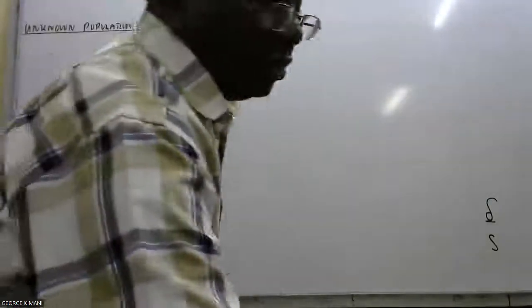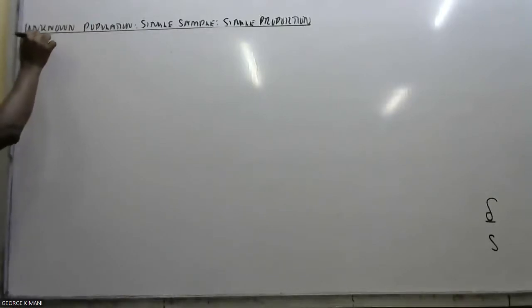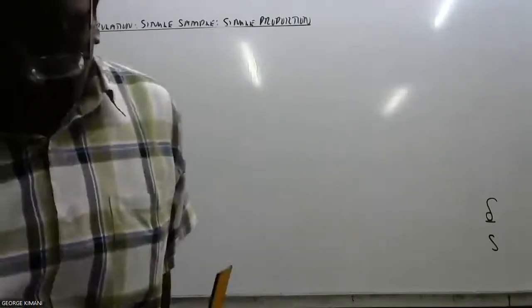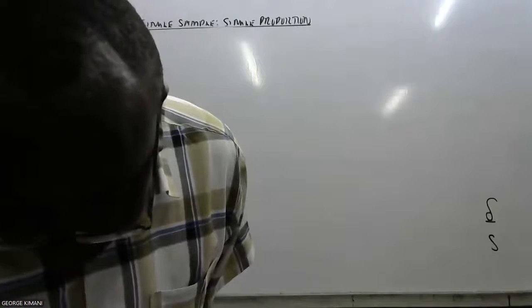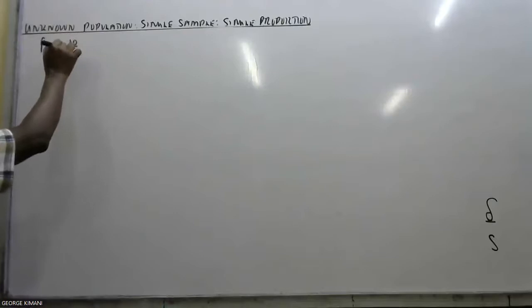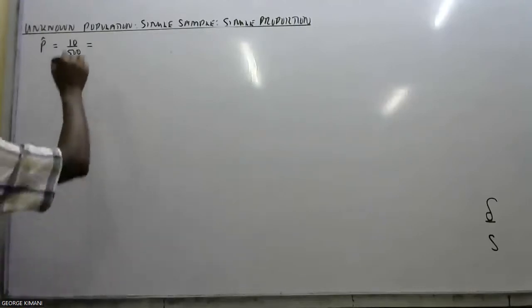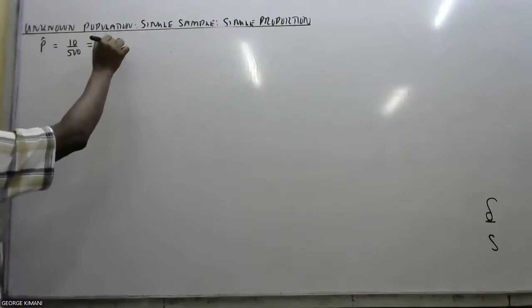So the formula that we use in this, first of all, we need to get the sample proportion. The sample proportion is, we are told it is 10 out of what? 500. 10 out of 500 is 0.02.